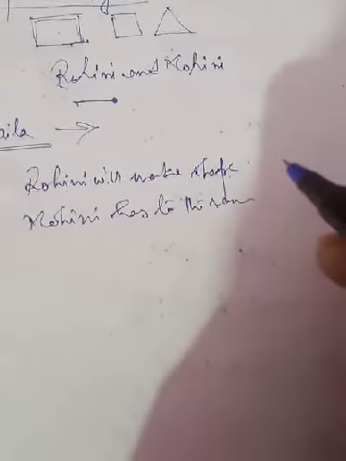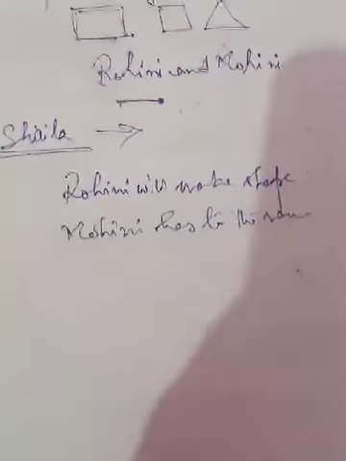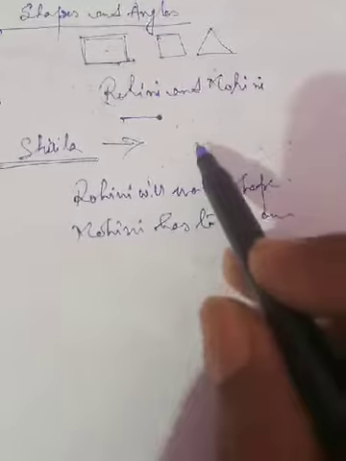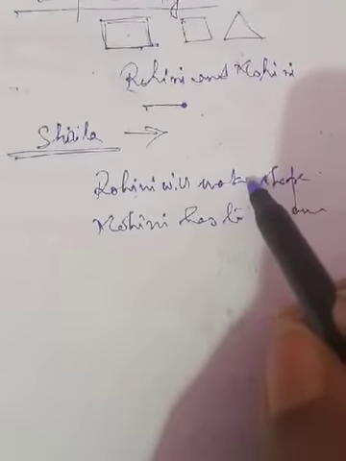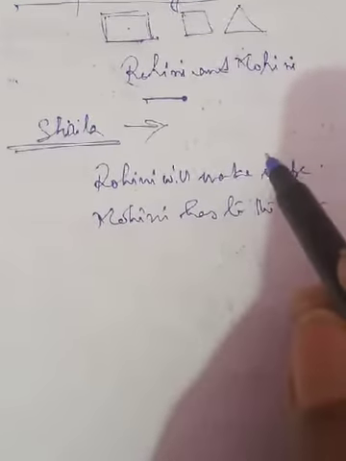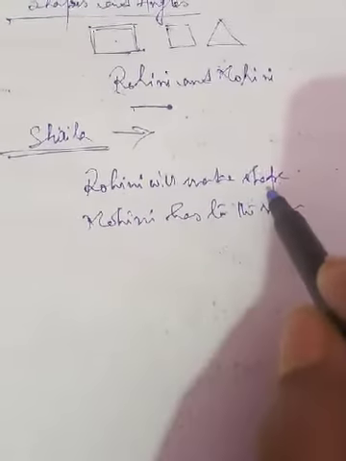This is the challenge, without looking at it, because their faces are in opposite directions. They are not looking at each other. That is why whatever shape Rohini makes, Mohini has to make the same shape.